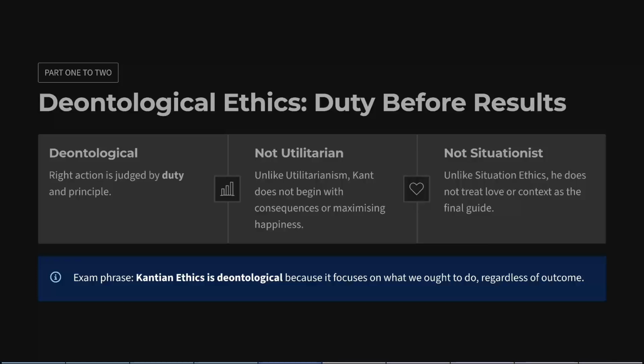And this is the exam phrase that you need to know and use precisely. Kantian ethics is deontological because it focuses on what we ought to do regardless of the outcome. Write that clearly and deploy it early in your essays and connect it to the contrast with these other consequentialist theories.